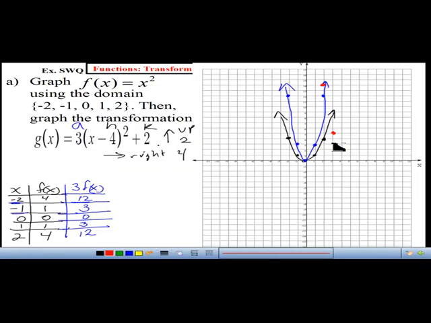This one. 1, 2, 3, 4, 1, 2. And this one. 1, 2, 3, 4, 1, 2. And this one we label g of x because that's our final transformation.